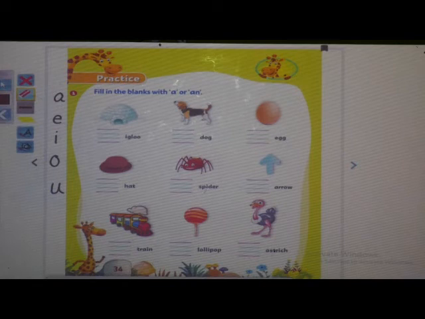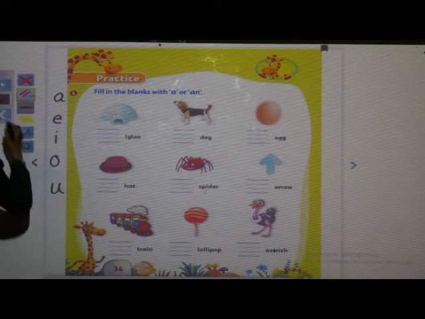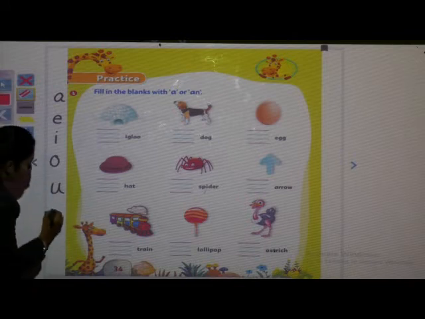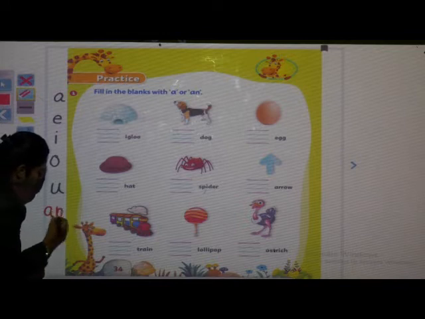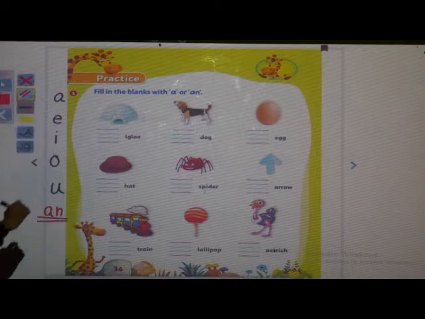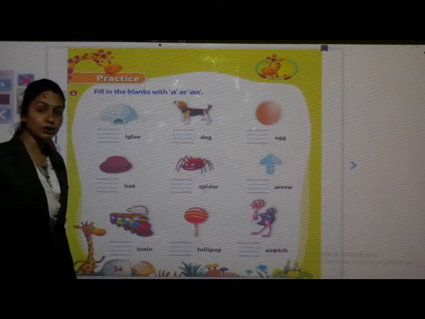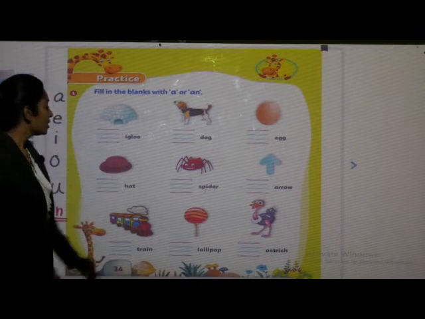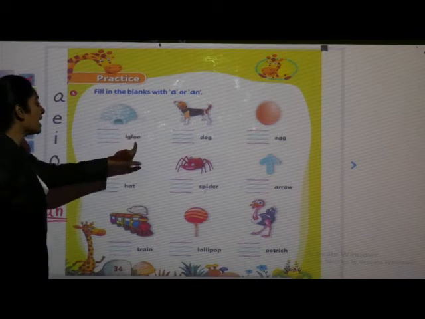So before vowel sound, what are we going to use? An. And before consonant sound, what are we going to use? A.